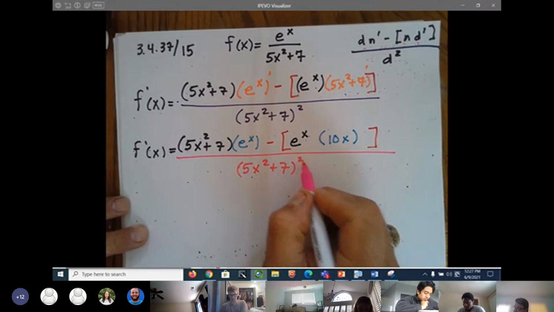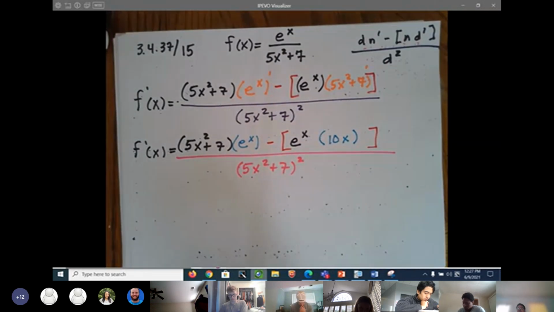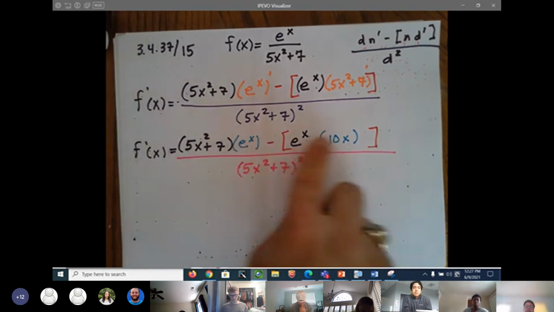And notice I didn't do anything with the denominator because we really could care less about the denominator. We want to focus on what? The numerator.